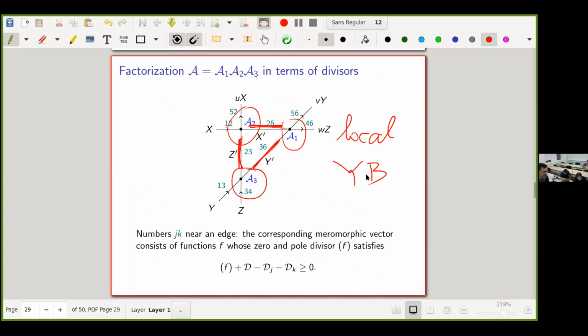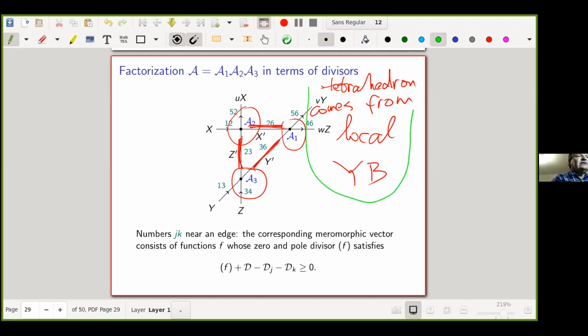So the tetrahedron comes from local Yang-Baxter. So what I am telling you now is like this. Yes, the tetrahedron comes from local Yang-Baxter, and local Yang-Baxter is nothing else but this refactorization. So it's some parametric analog of the vacuum curve. Parametric? What do you mean by parametric? You see.